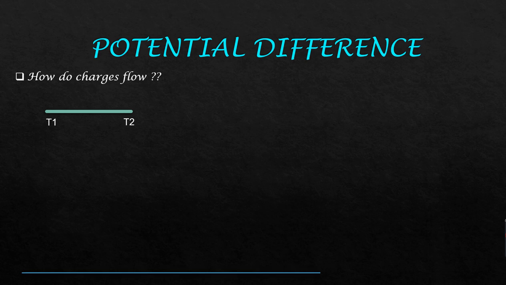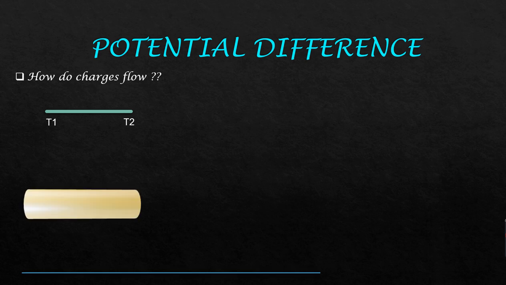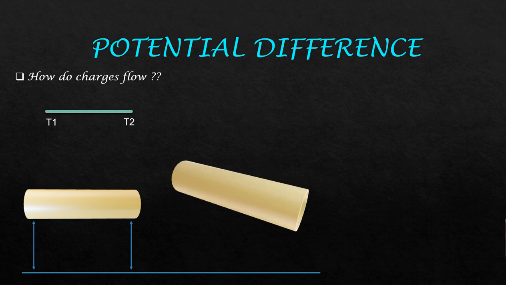So now let us assume that this is a pipe, water pipe, and can you say if water will flow from this pipe? I say no, because the ends of the pipe are at the same height, hence there is no pressure difference. And here is another pipe.